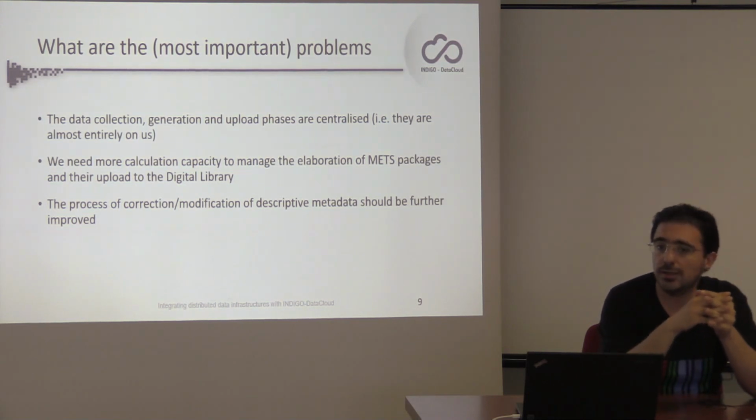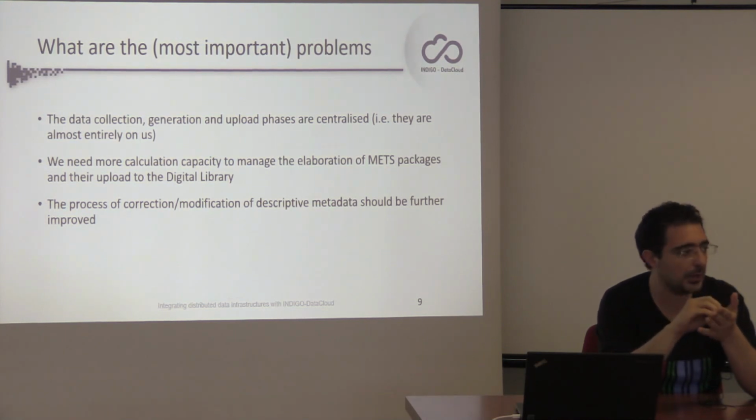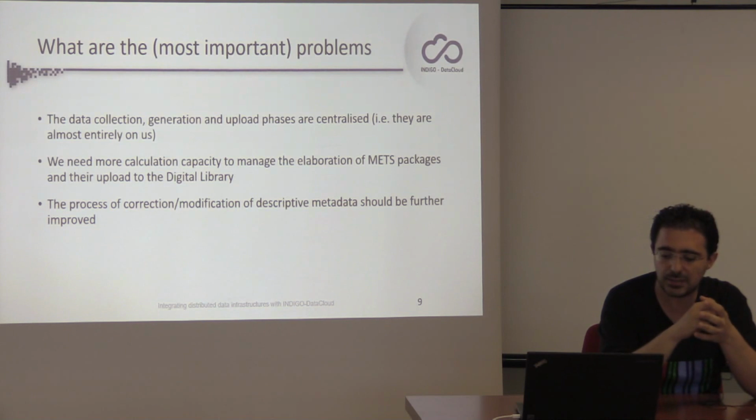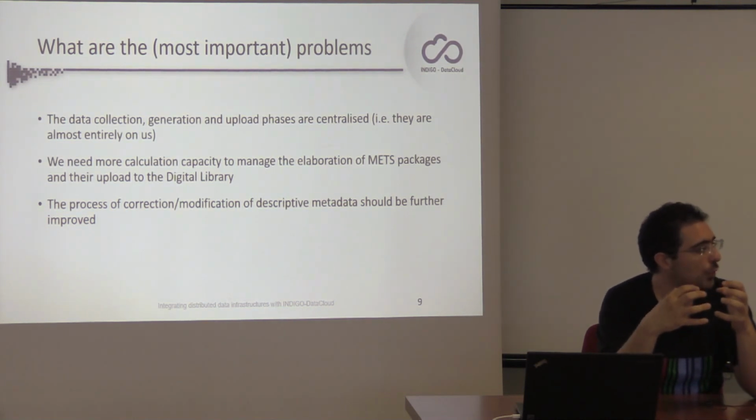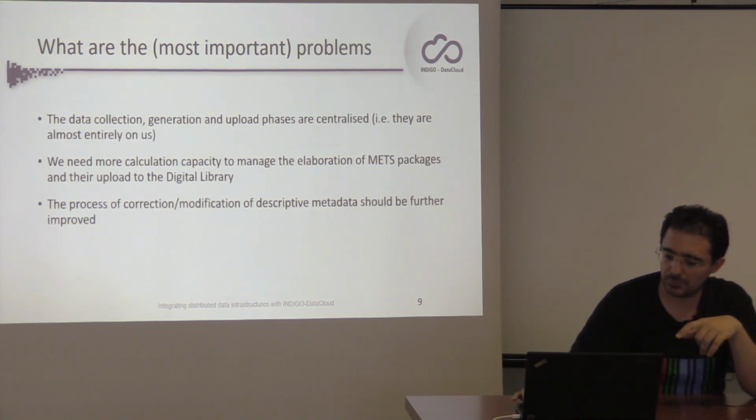And also, if there are corrections or modifications or any kind of correction of descriptive metadata on the platform, the process is a bit slow. So we already identified a couple of places where we can improve this process.